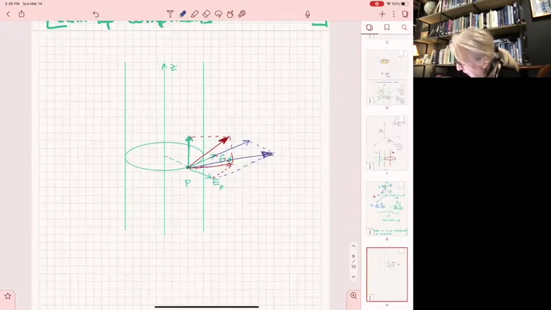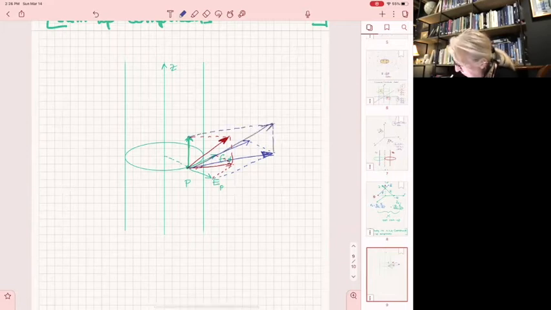I will then find, and it will be in a different direction, obviously, the sum of these, which is now going to be this one. So that's what we have.